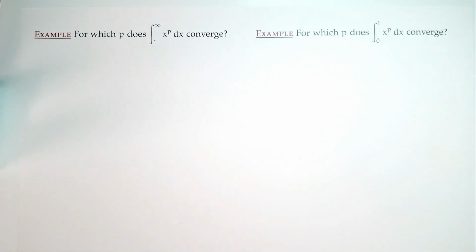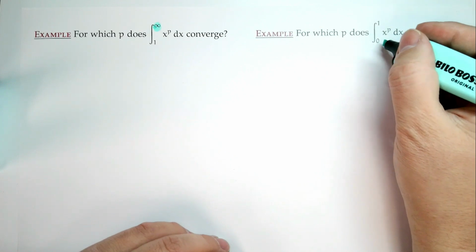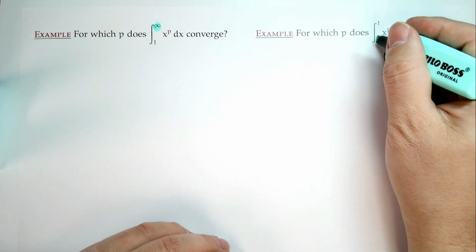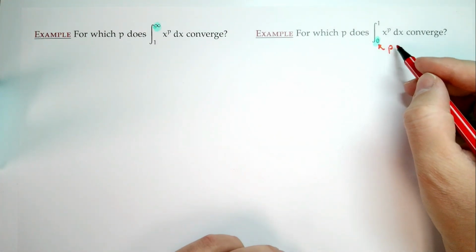Now, if you look, these have different issues. Certainly, infinity is an issue here. All right. Now, what's an issue here? Well, you could have an issue here, maybe. And that will be an issue. So this will be a concern when p is less than 0.